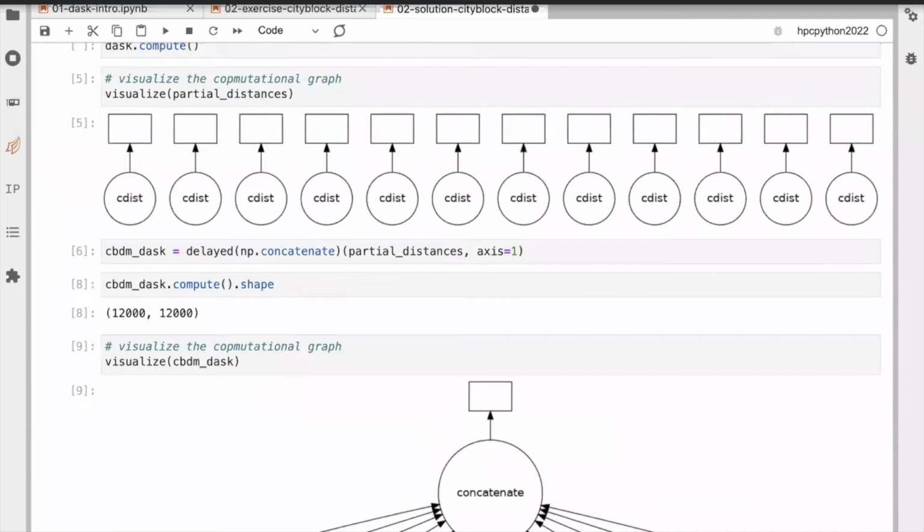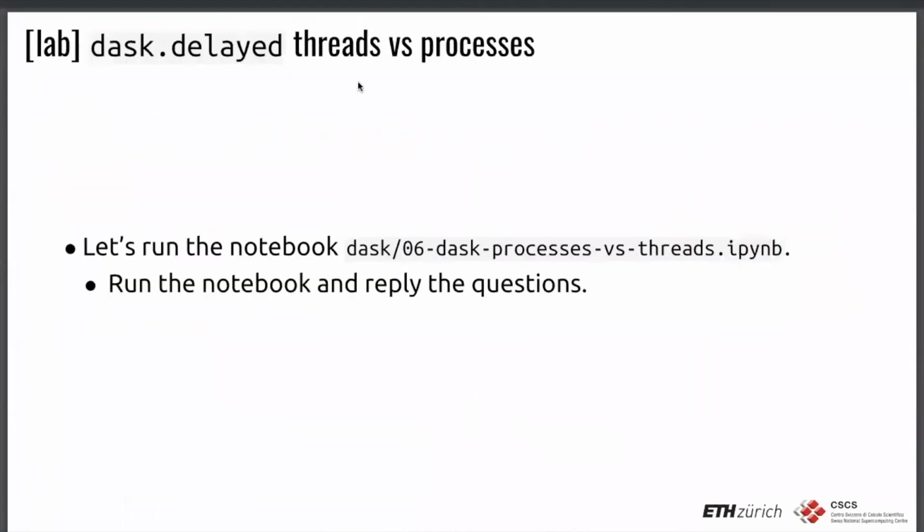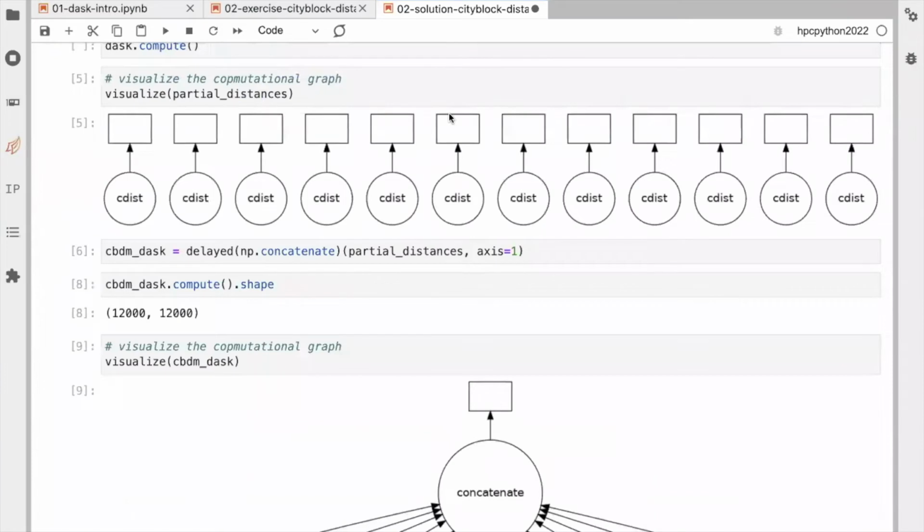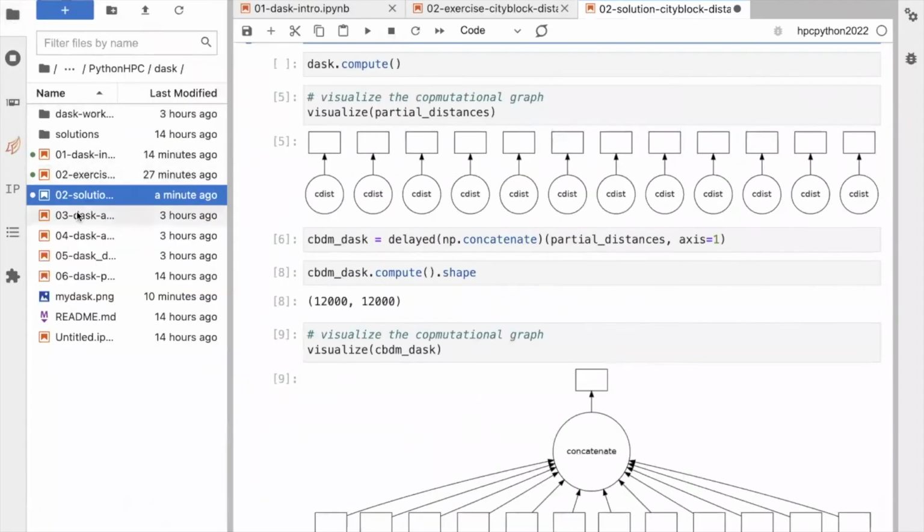Okay, so before going to the break, let's see a quick example called threads versus processes. It's going to be similar to the last analysis that we did. Go back to the notebook, and the example is 6.